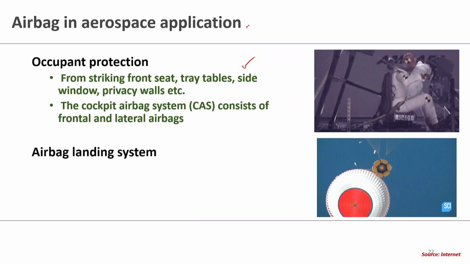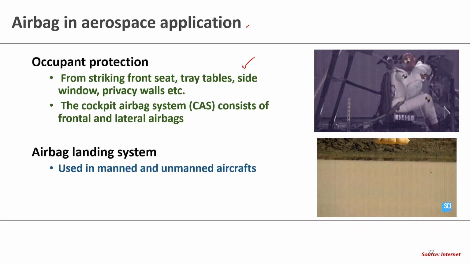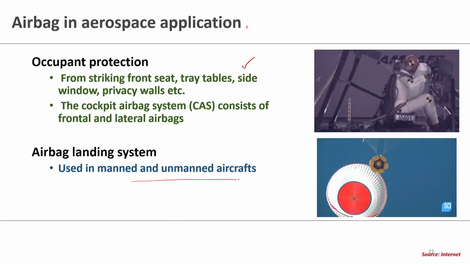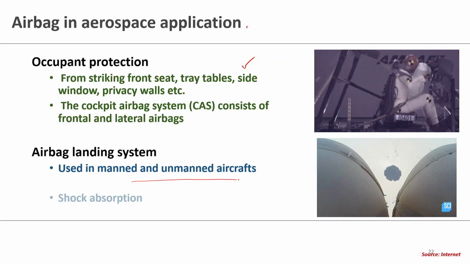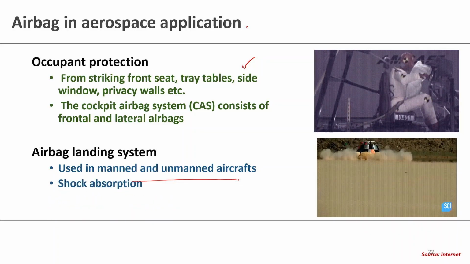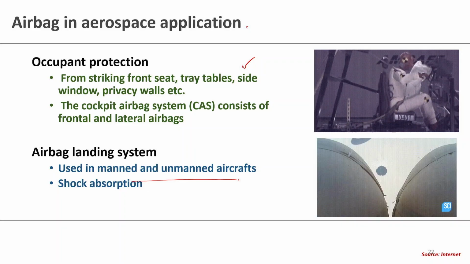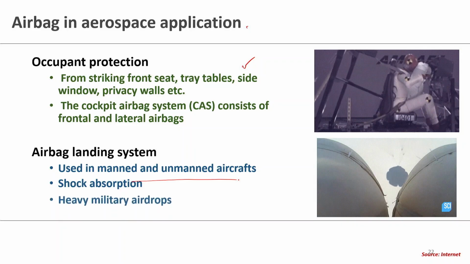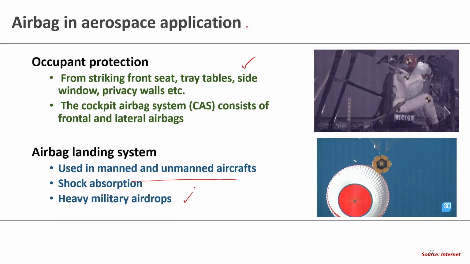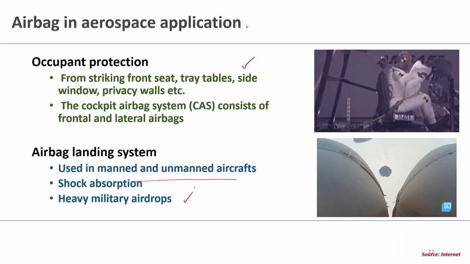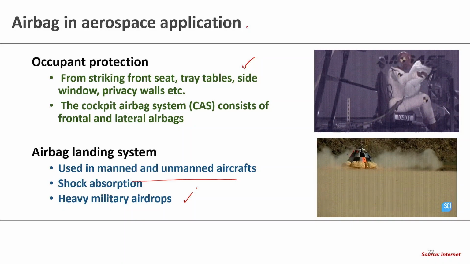Airbags are also used in manned and unmanned aircraft, for shock absorption and for heavy military troops. So, for heavy military airdrops we use the airbag for shock absorption. These are the airbags.